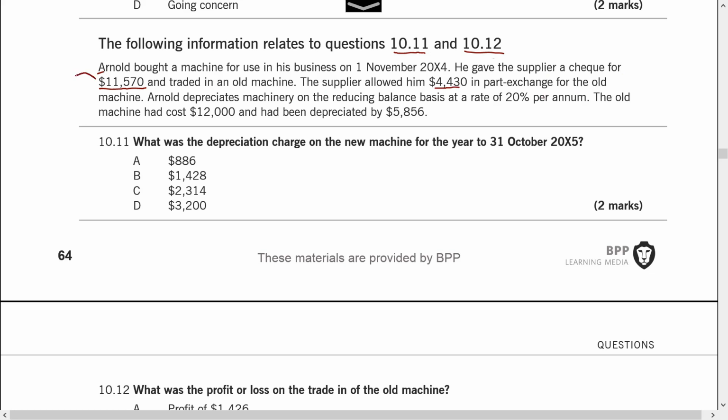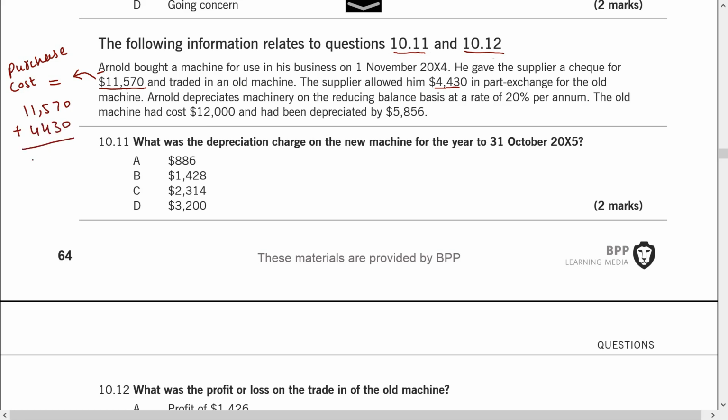So basically it is the purchase cost, or you can say actual purchase cost of the machine, which is, let me write it here, our purchased cost is this amount, which is 11570, and we have also traded in an old machine and its cost was 4430. So that means it must be added into the value of our machine.